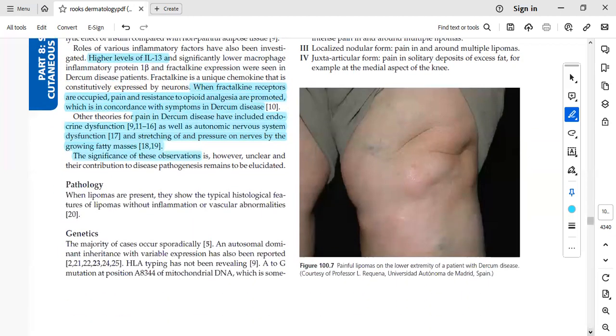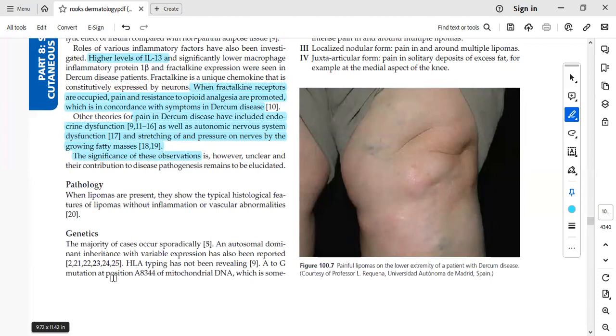The pathology is when lipomas are present in Dercum disease, so they show the same typical histological features of lipoma without inflammation or vascular abnormalities. And the genetics, the cases mostly are sporadic, and autosomal dominant inheritance with variable expression has been reported, and HLA typing has not been revealing in this.